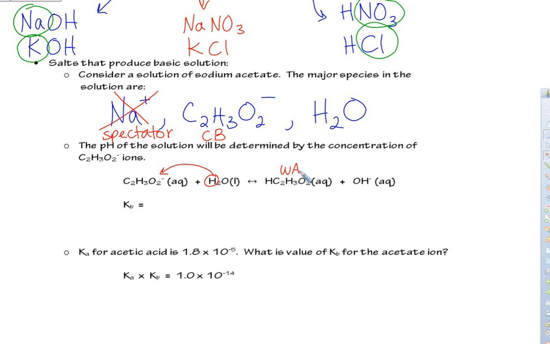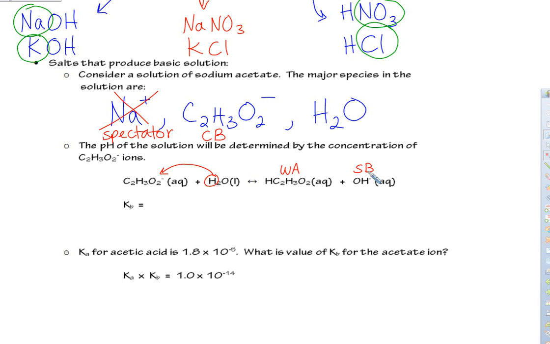So really what I've done is remove hydrogen from the water, and I'm left with hydroxide, which is the sign of a strong base. So of my two products, I get a weak acid, which is primarily neutral acetic acid molecules. They really don't dissociate and form a lot of hydrogen. They're like 99% neutral molecules, but the other particle formed is hydroxide, which is the sign of a basic solution.